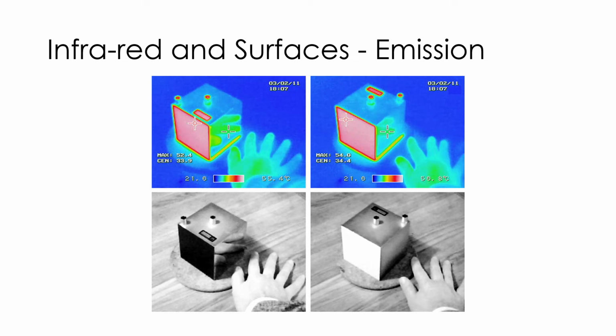You notice in the picture above you can actually see the thermal reflection of the hand as well in that shiny surface. But you can also see the black surface is far, far better at emitting infrared light. Meanwhile, a white surface is also better than a light silvered surface.